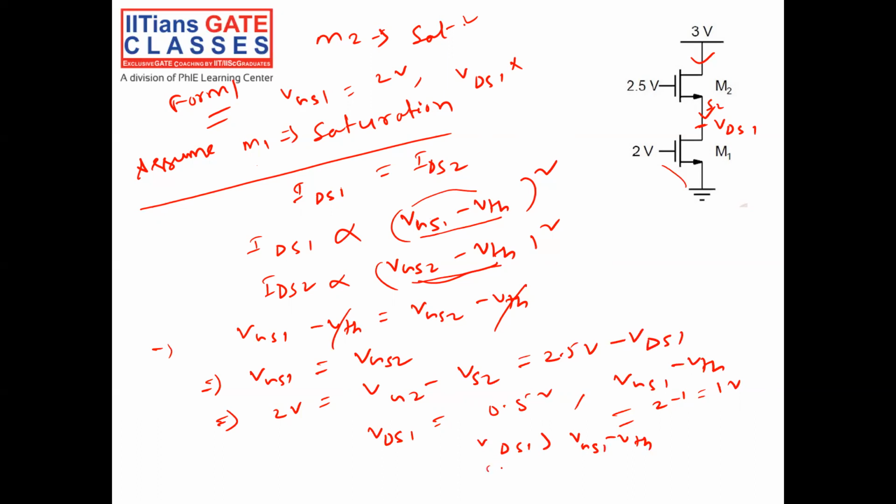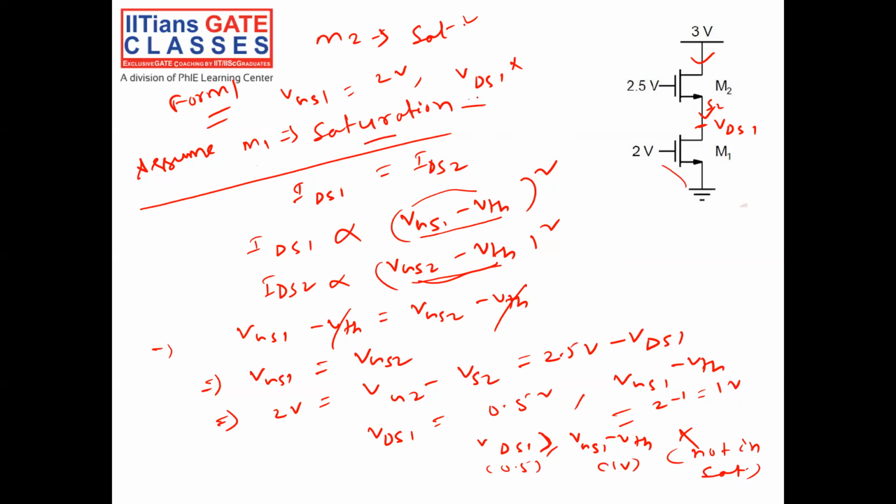Here VDS1 is 0.5 volt and VGS minus VTH is 1 volt. So the condition of saturation is not met, because VDS is not greater than VGS minus VTH for transistor M1, because it is 0.5 volt and it is 1 volt. So it is not in saturation. So the assumption of saturation is wrong.